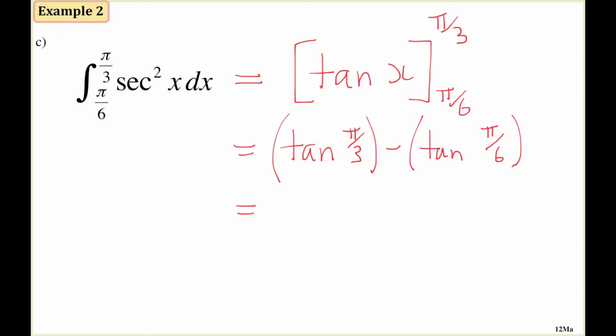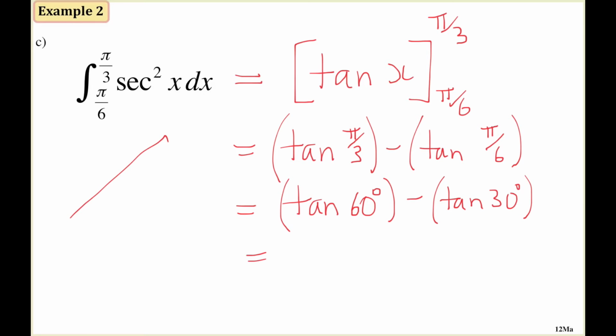Now I don't like drawing tan waves as much, so I'm going to do this question by converting pi on 3 into degrees. Pi on 3, 180 on 3 is 60 degrees, minus pi on 6, 180 on 6 is 30 degrees.